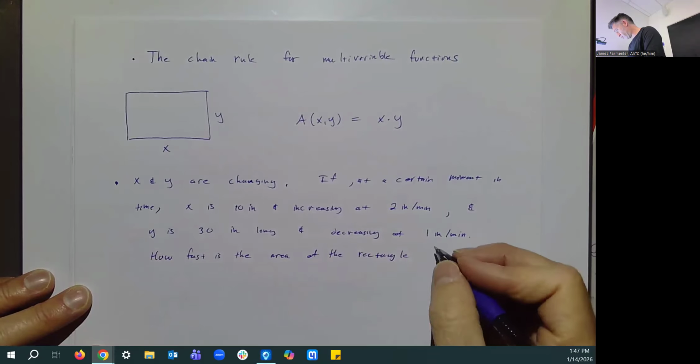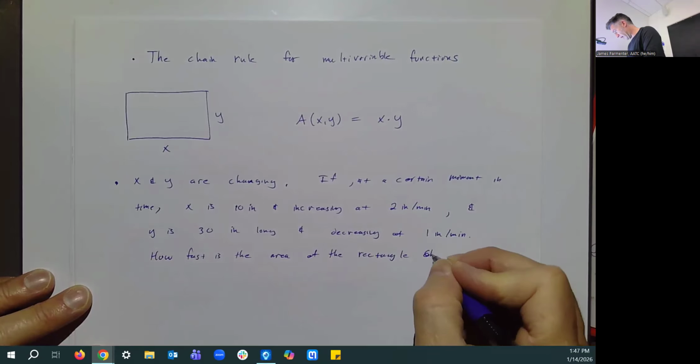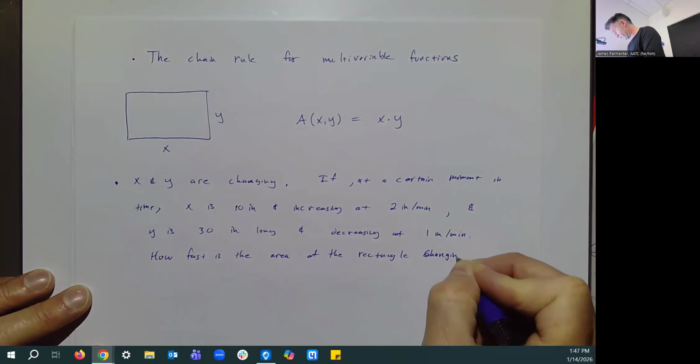Or even a more general question, is the area increasing or decreasing?